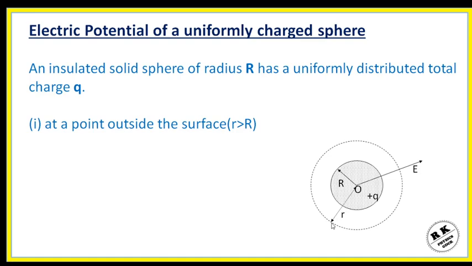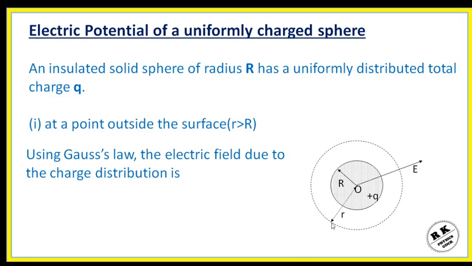For this we use Gauss law. According to Gauss law, the electric field intensity at this point is expressed as E is equal to 1 by 4 pi epsilon naught times Q by r square. We know that.